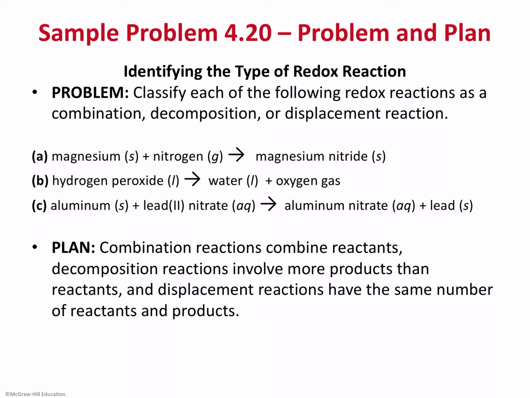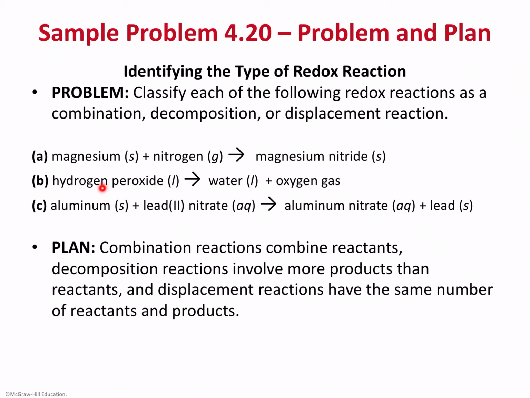Identify the type of redox reaction. Classify each of the following as a combination, decomposition, or displacement reaction. Magnesium with nitrogen forming magnesium nitride. That is going to be a combination reaction. Right? Combine two things to form this.